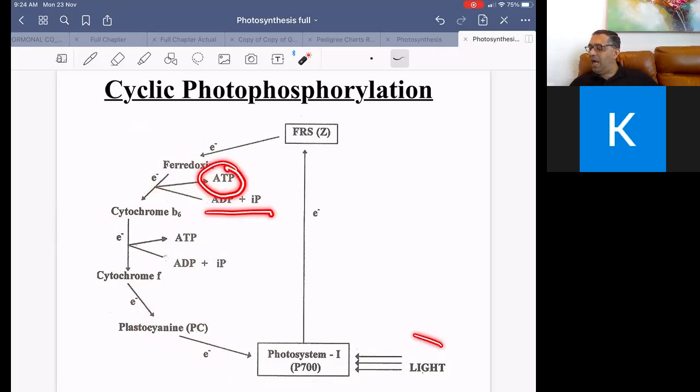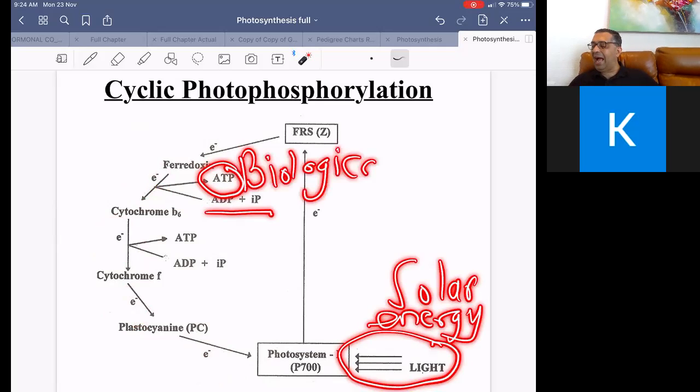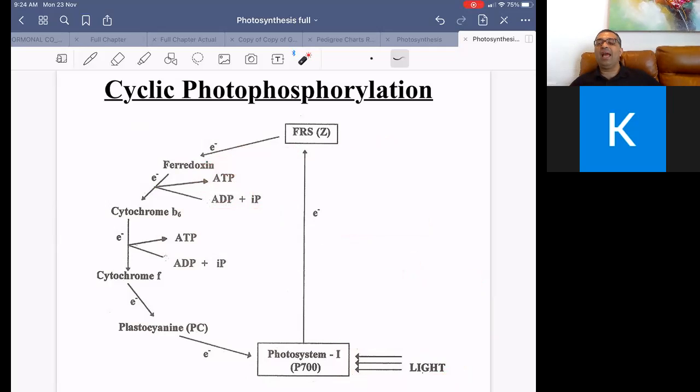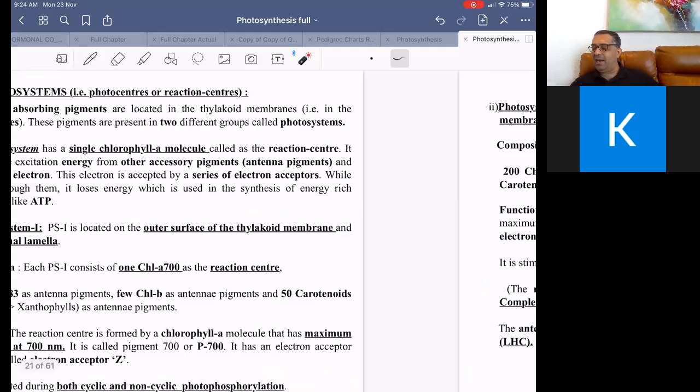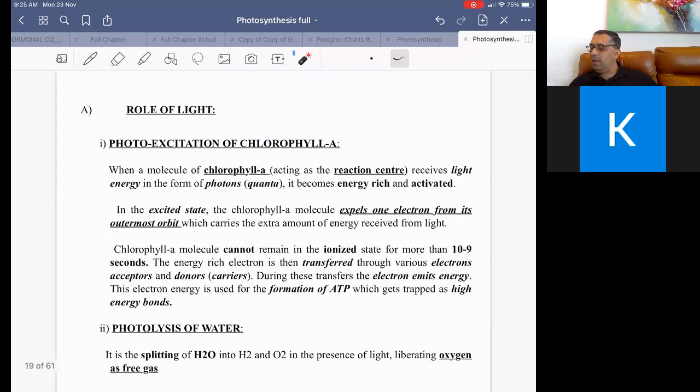So solar energy has got converted into biological energy called ATP. Solar energy has now become biological energy ATP, and this is how ATP is formed. This is what we will understand. That is the role of light.